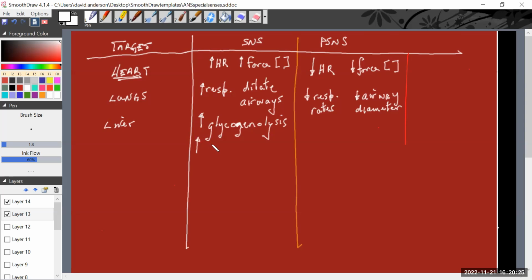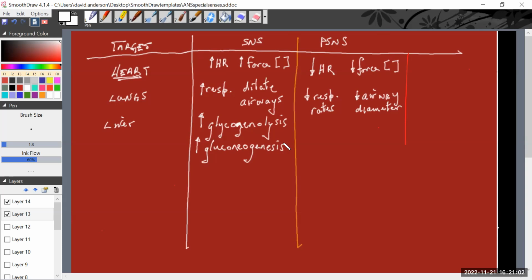We would also see an increase in... I might have to spell it all out before anybody guesses. Nobody's gonna guess. Gluconeogenesis.